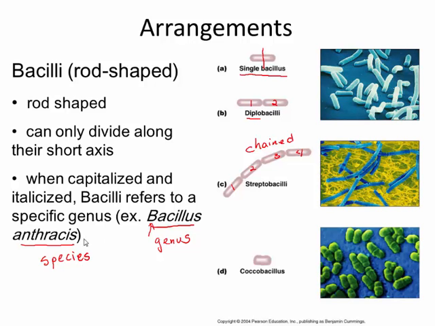Notice they're italicized here. Bacillus anthracis not only is the name of a specific bacteria, it also describes the shape of the bacteria under a microscope. Actually, if you looked at this one, it would often look strepto in its arrangement, meaning these are large rods that stay chained together.